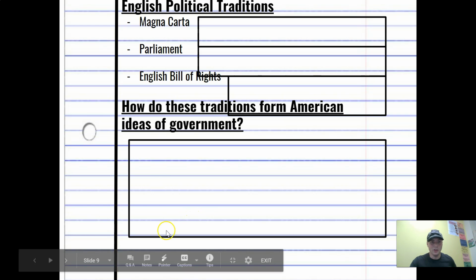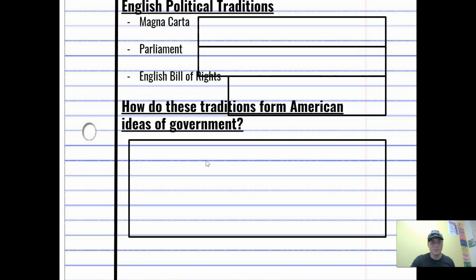And then this last section right here, how did these traditions form American ideas of government? You can talk about it in your own writing, like how do these three things help shape our American way of life? What were some of those things in there? Like Magna Carta, a written agreement of government, Parliament, a representative style body of government, an English Bill of Rights, that idea of writing out the rights of the people.